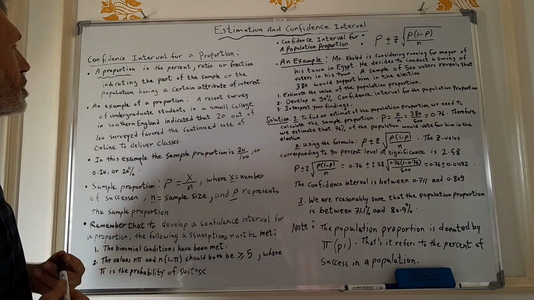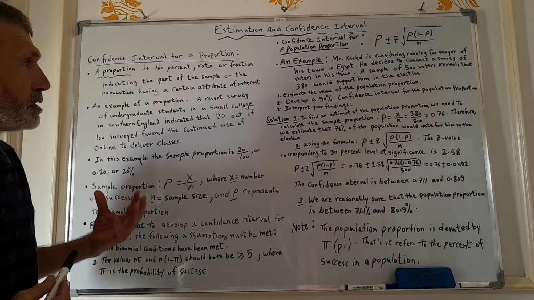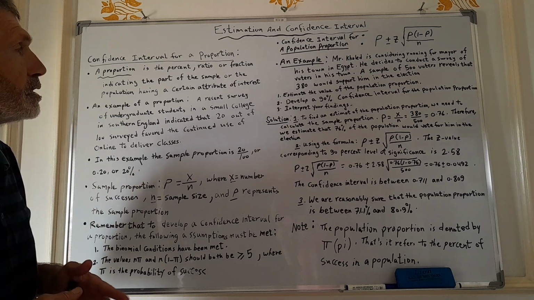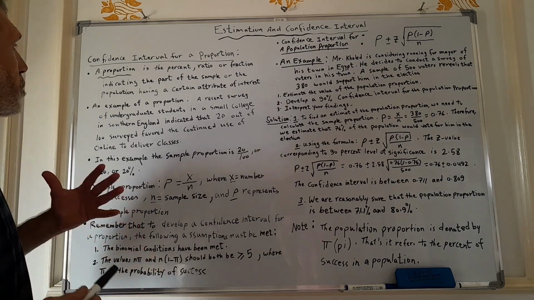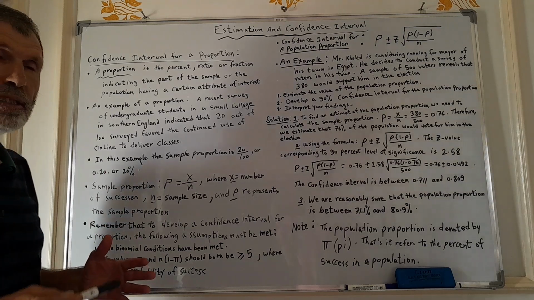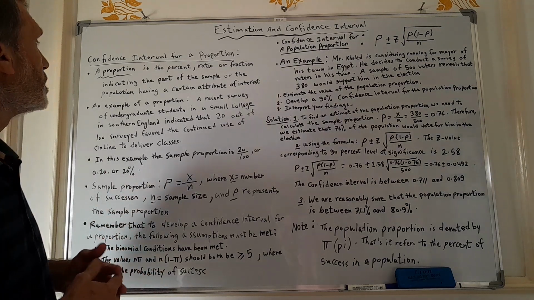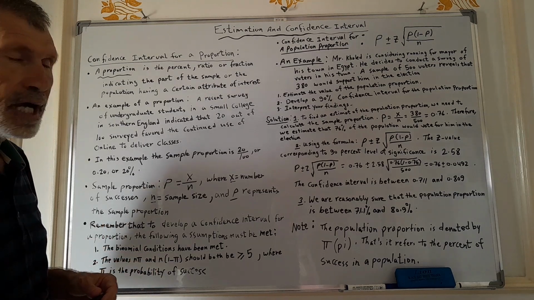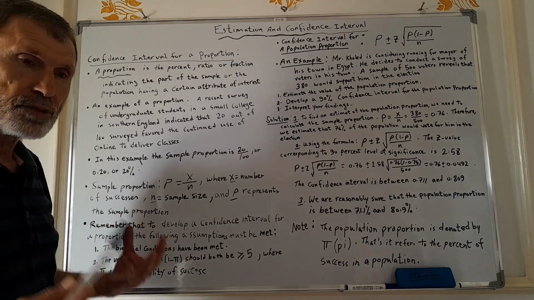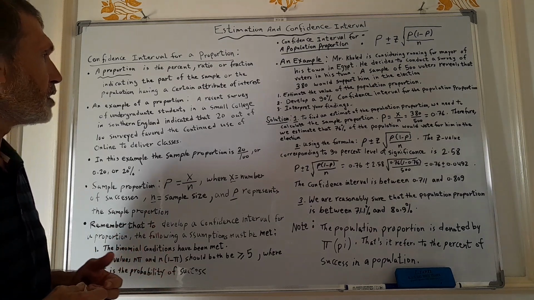So this is what we actually mean by a proportion. And in this section, we're trying to find a confidence interval for a proportion. So a proportion is the percent or ratio or fraction indicating the part of the sample or the population having a certain attribute or characteristic of interest.